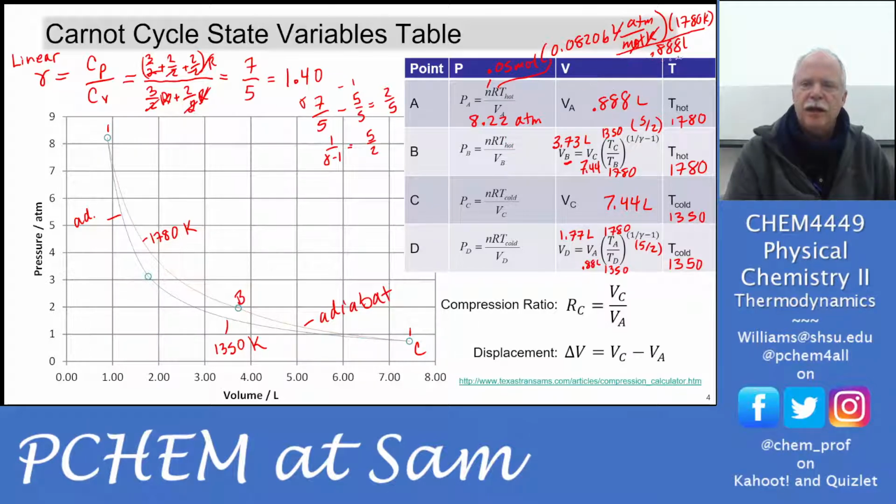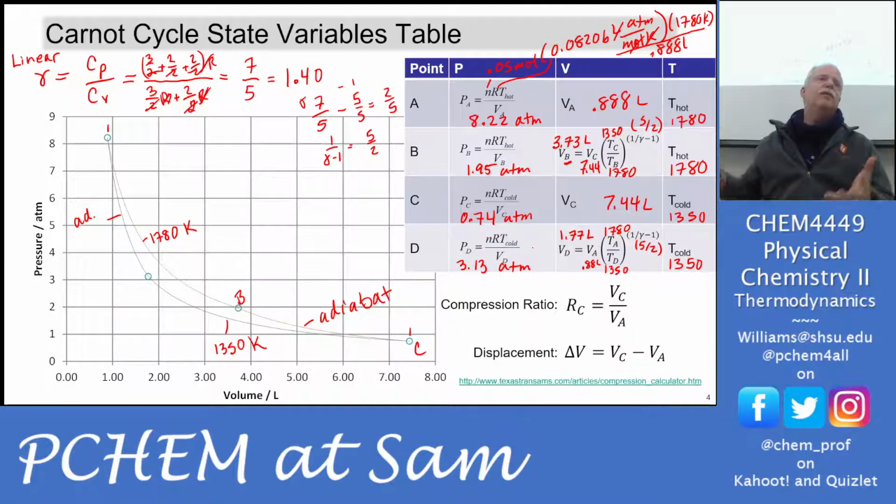It's essentially that same calculation, but you're dividing by a bigger volume. So what do you have for this one? Okay, 1.95. I've got them all written here. 0.7 for C, 0.74, and D, 3.13. So our state variable table is full.